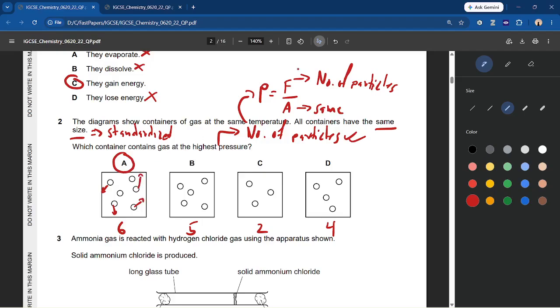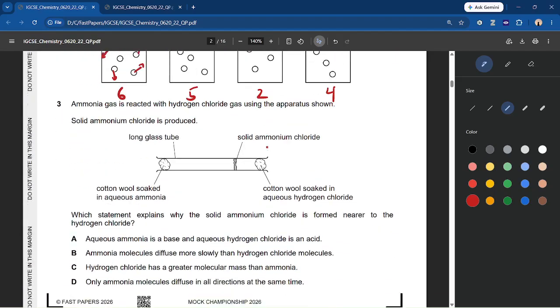So that's what they mean when they say force: collision with the walls of the container. Right, again, another very simple question, so let's move on.